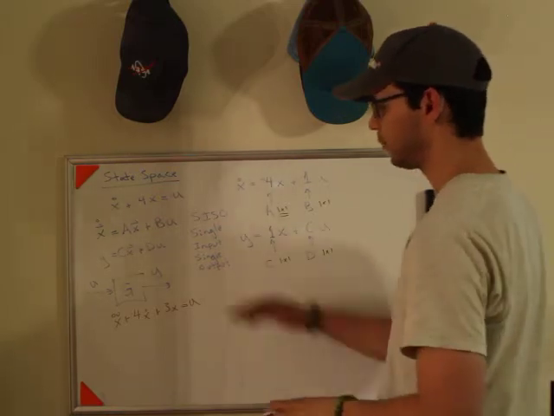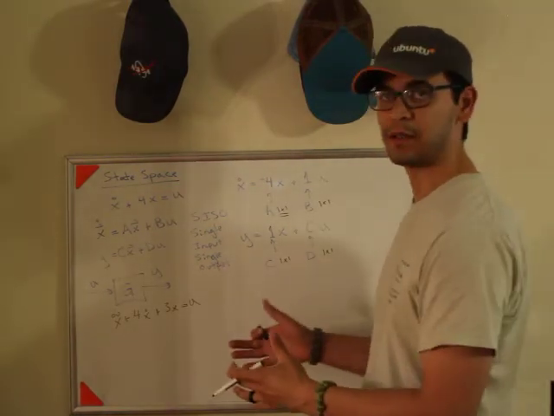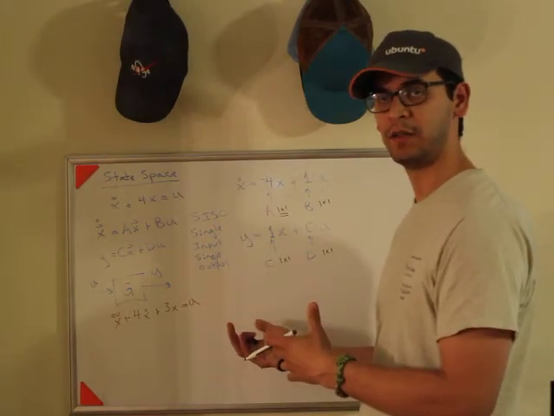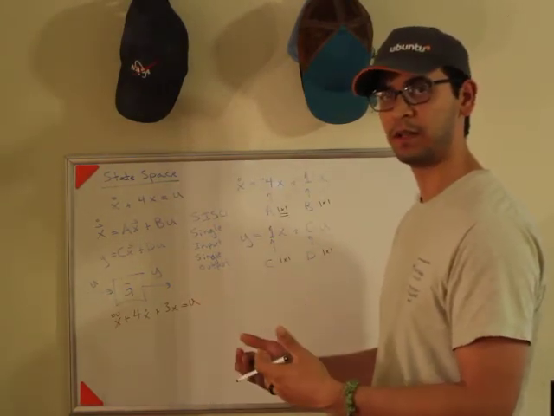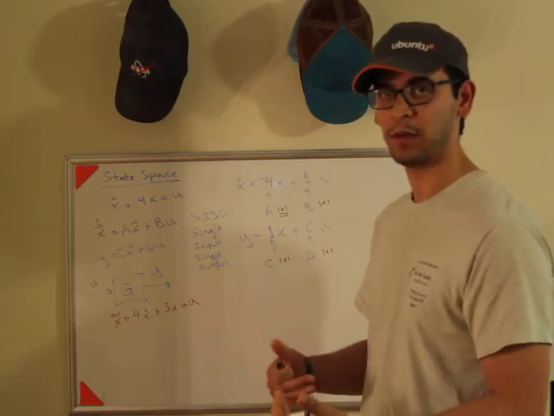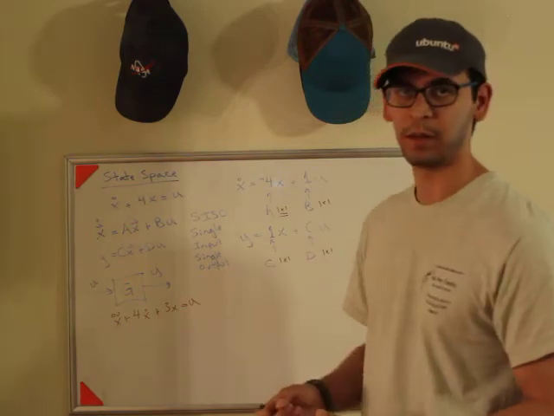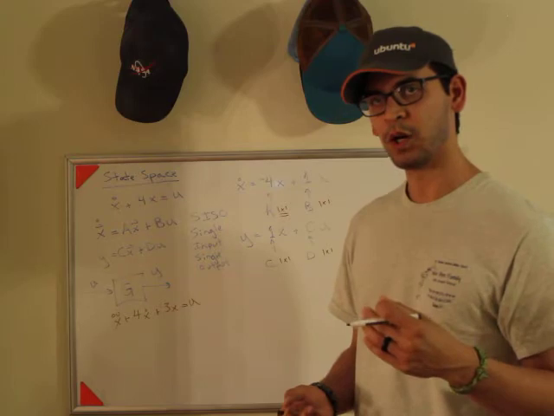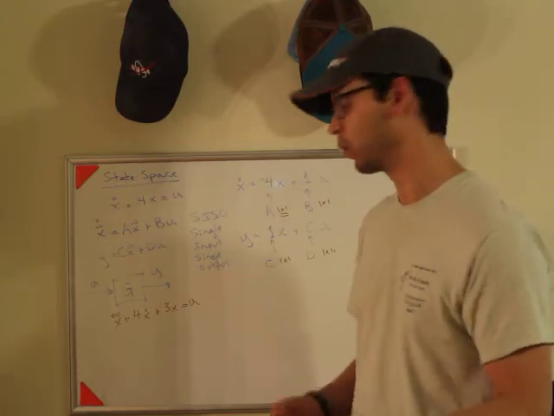And that's because this system was a scalar. When you have a second order system, your A matrix is 2 by 2, your B matrix is 2 by 1, your C matrix is 1 by 2, and your D matrix is 1 by 1. Your D matrix in this case is always 1 by 1 because it's a single input, single output system. But you see the number of rows and columns is dictated by the order of your system.